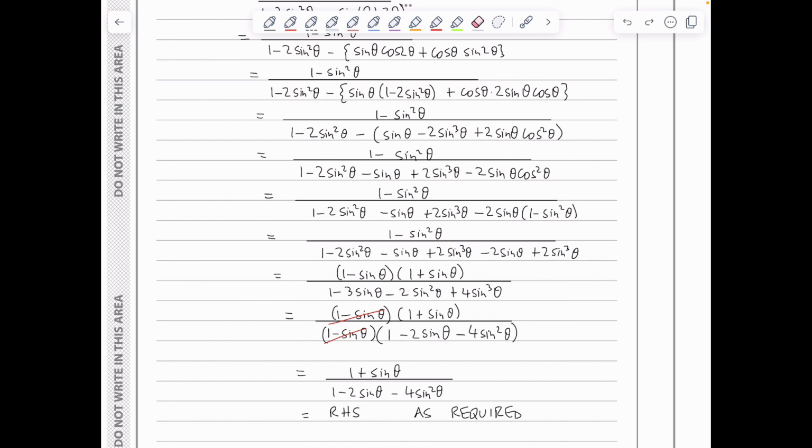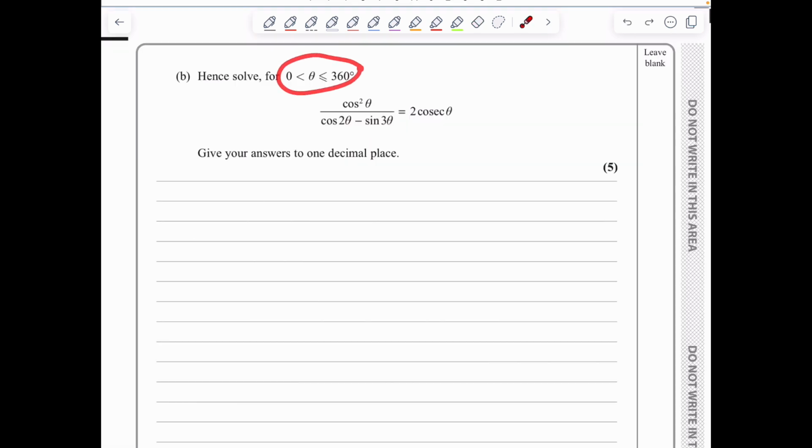In part B, we're asked to solve for theta between 0 and 360 degrees, the given equation here. So obviously the left hand side here can be written using the identity we've proved in part A as 1 plus sine theta over the 1 minus 2 sine theta minus 4 sine squared theta, and this is equal to 2 cosec theta, which will be written as 2 over sine theta.